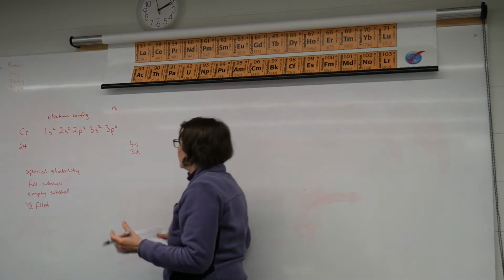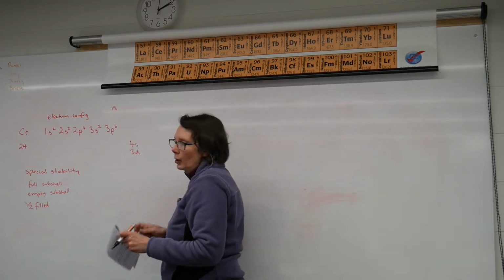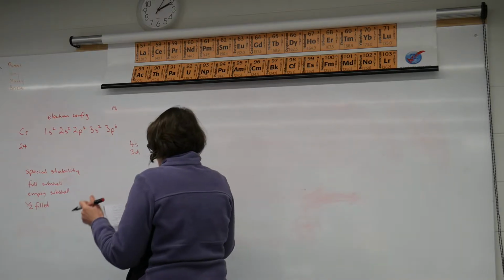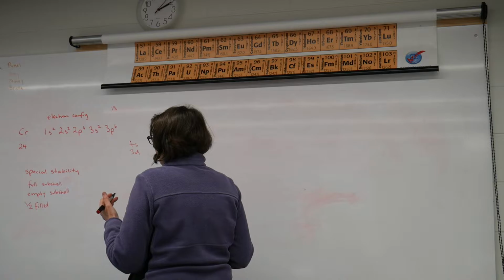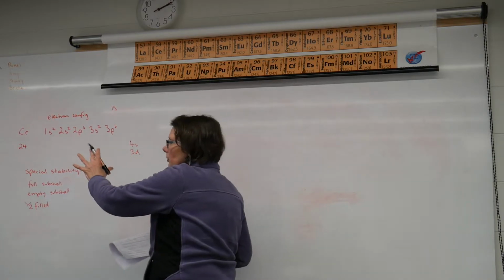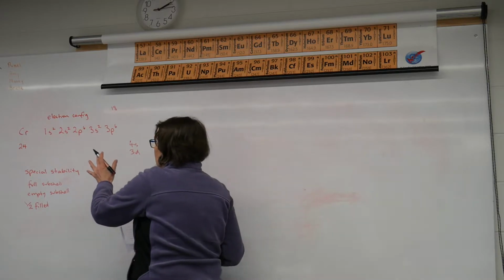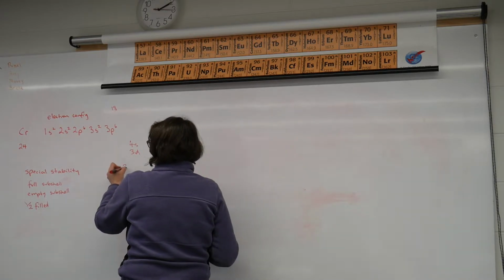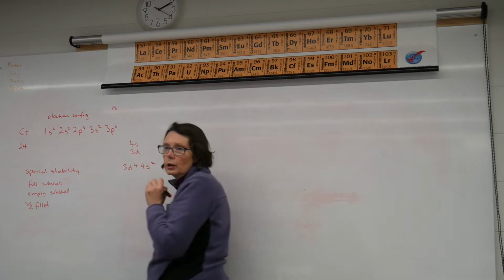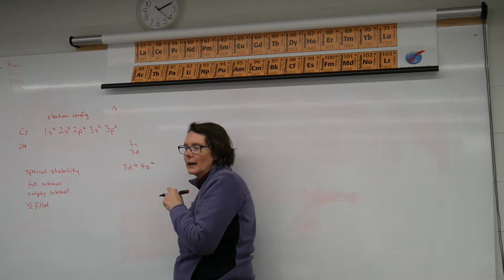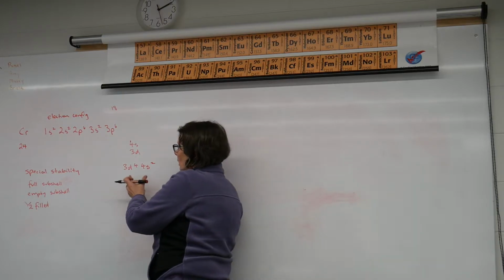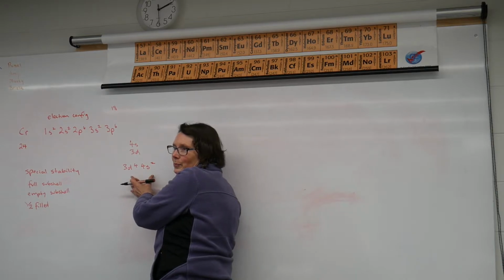And so if I look here at my options with chromium, if I was just following along this numerical pathway, I would think that I would have 3d4 and 4s2, wouldn't I? But in actual fact, I don't have that, because I can actually half fill both of these.